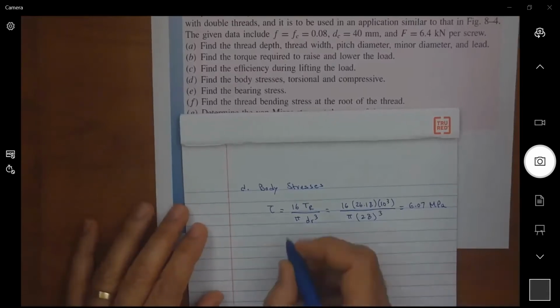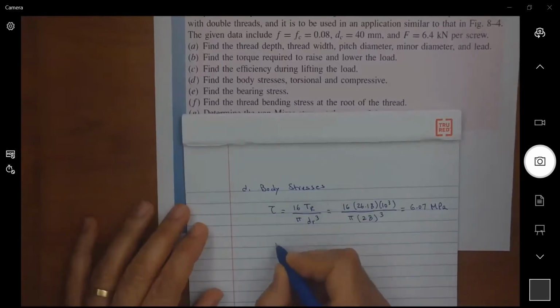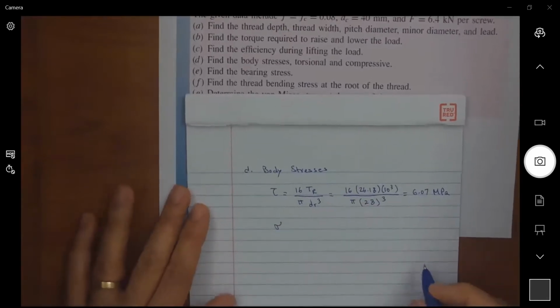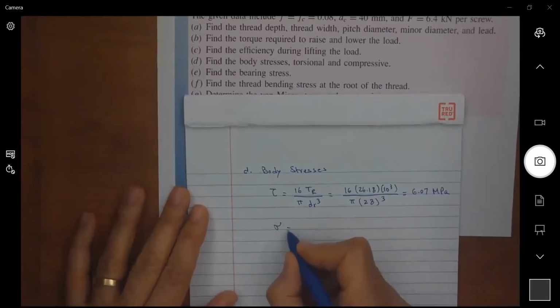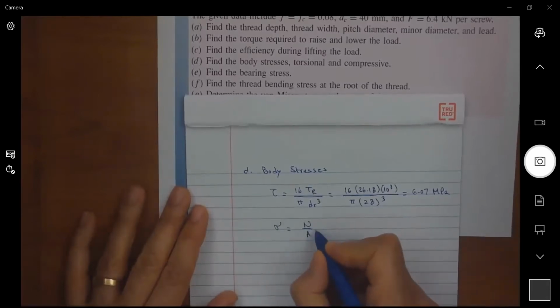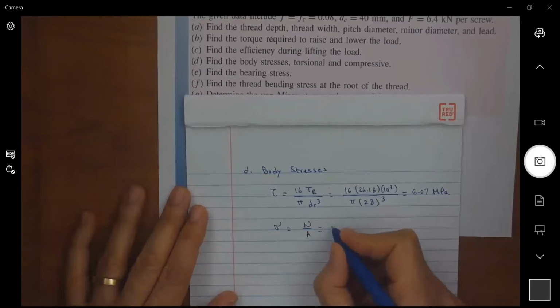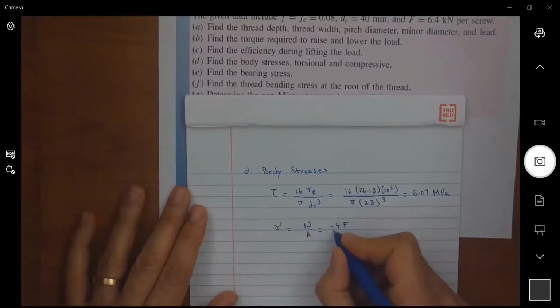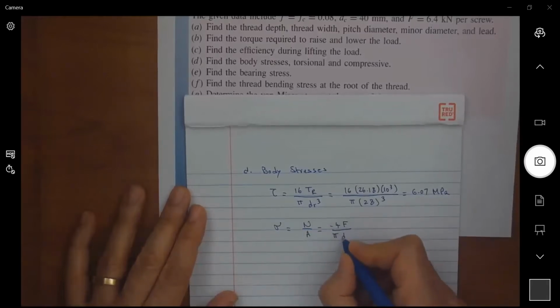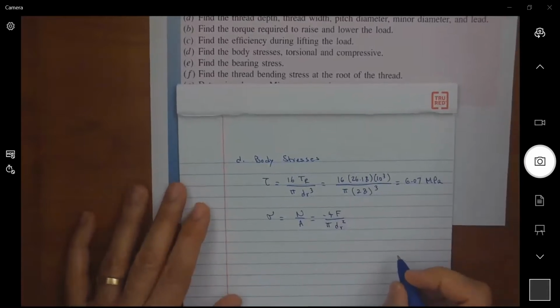Okay, next is the axial nominal stress, sigma. This is equal to N over A, or is equal to minus 4F divided by pi dr squared.